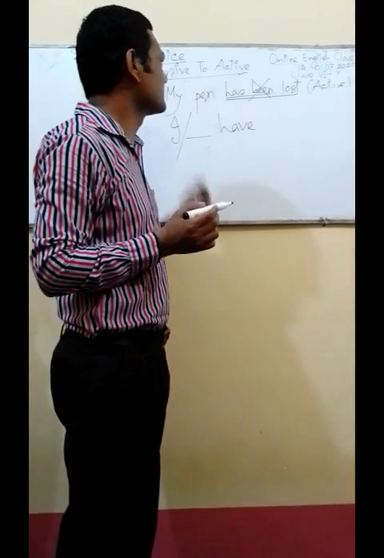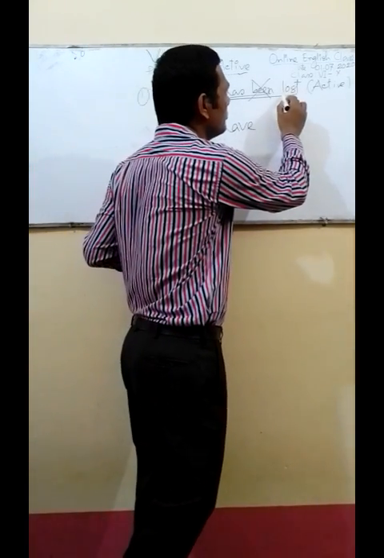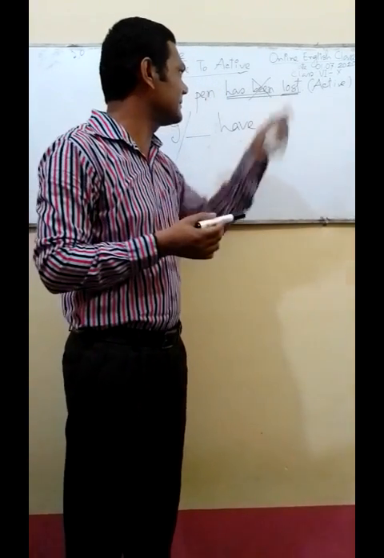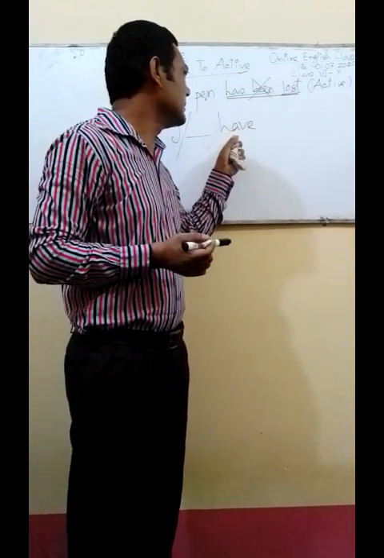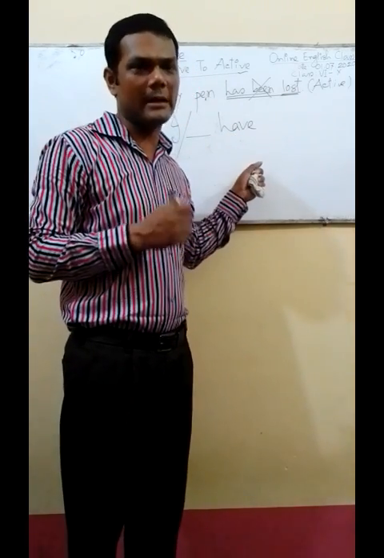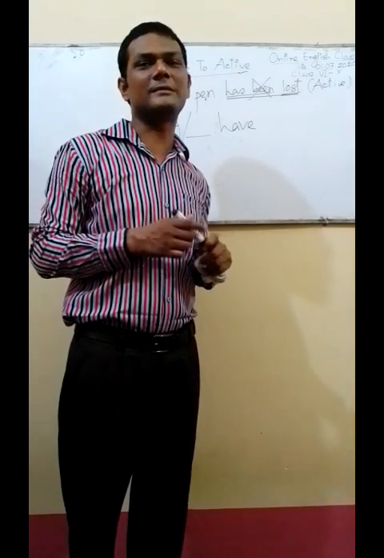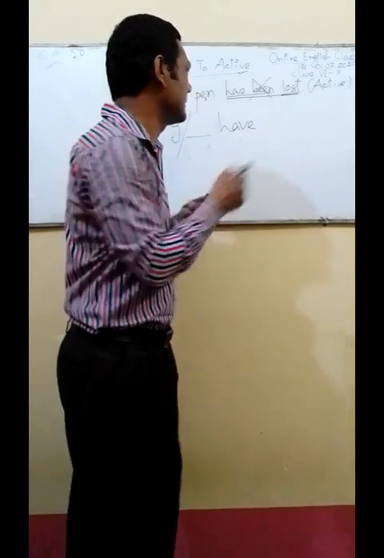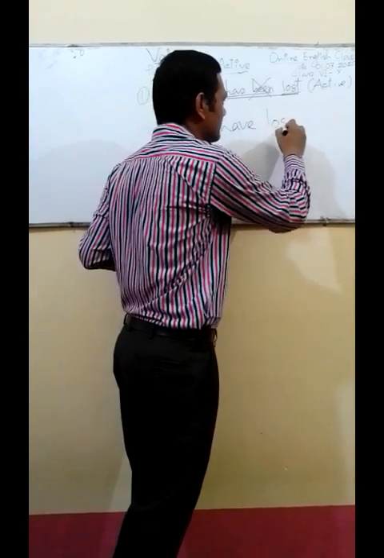I have. Now you have to go to the verb, and here the verb is lost, and this is the past participle form, and you know that after have or has or had, you need the verb always in past participle form. So here I have taken lost.